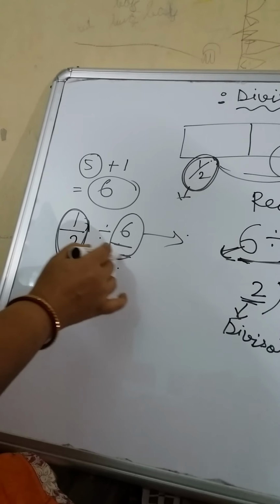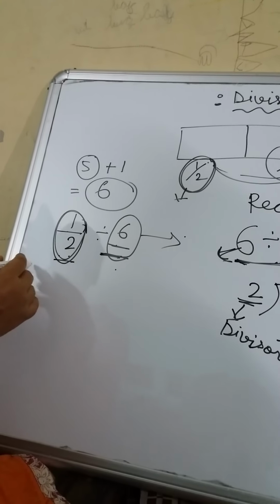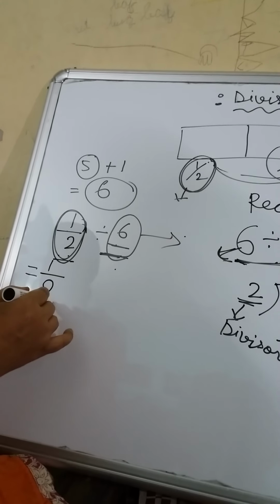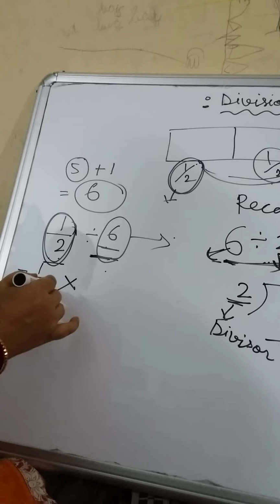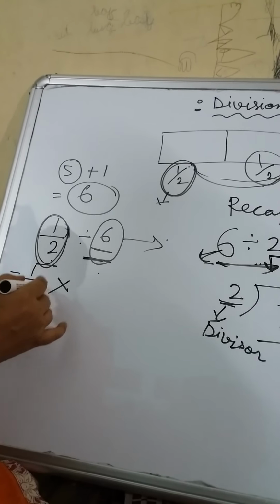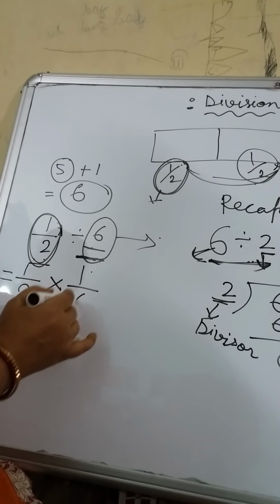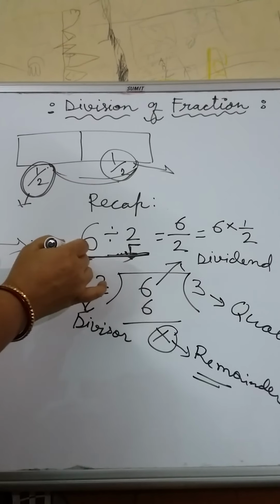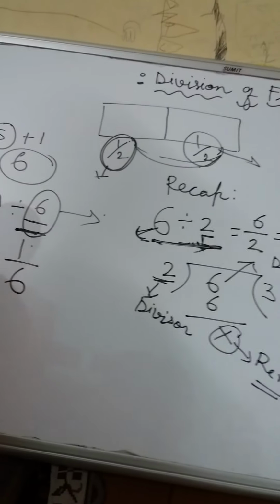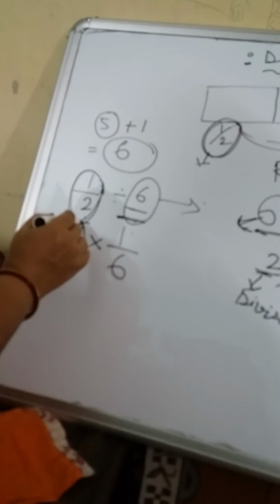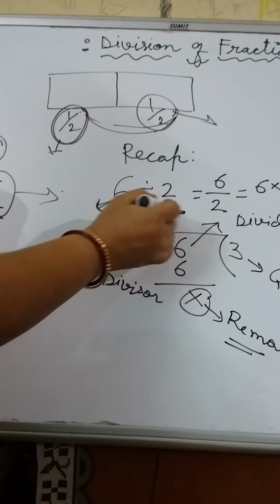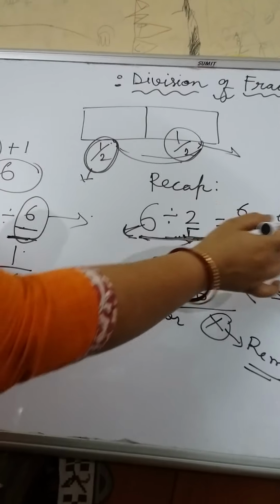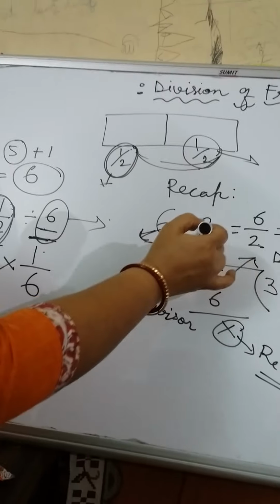This can also be written as 6 into 1 by 2. If you compare with this, the dividend will remain the same, but here the divisor you have just reversed.